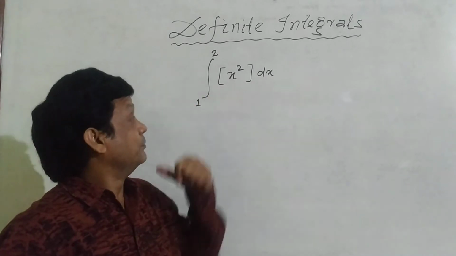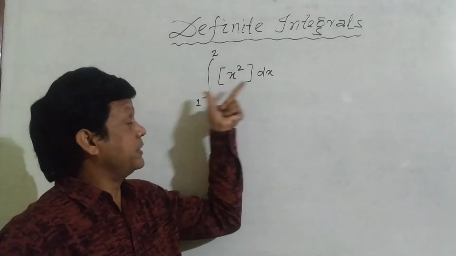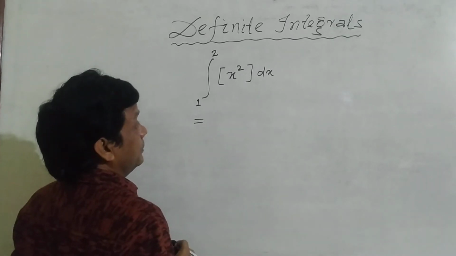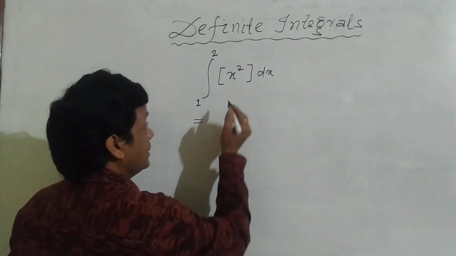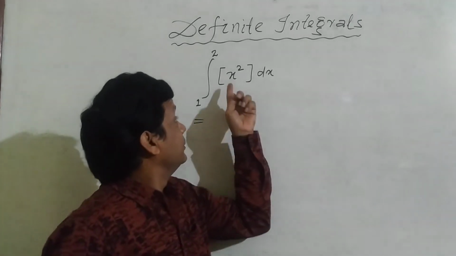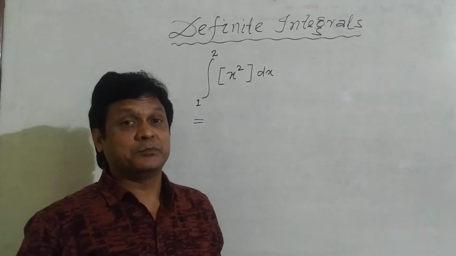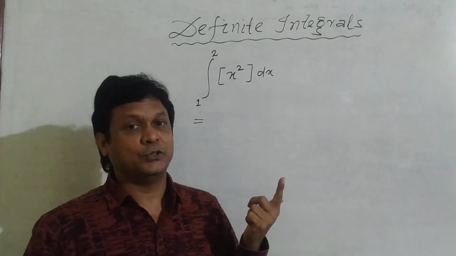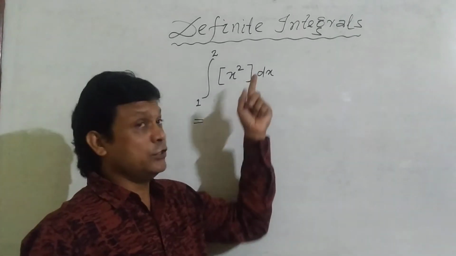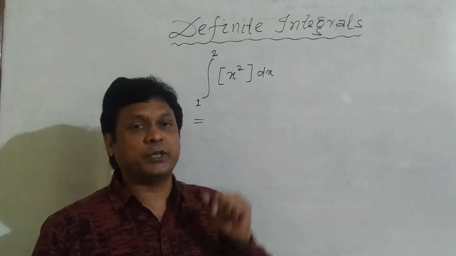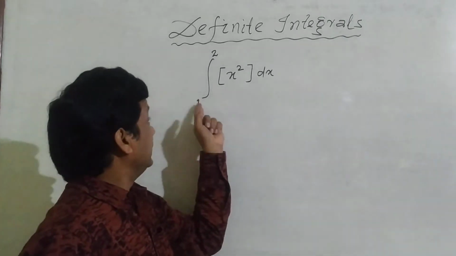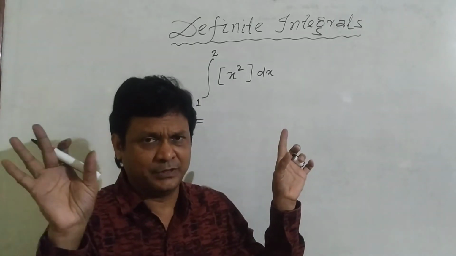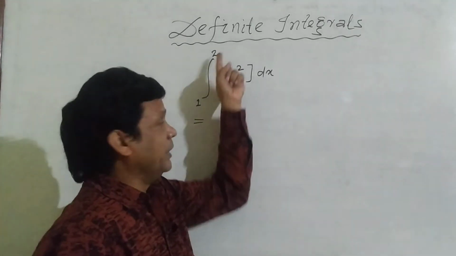Now, the trick I am telling you, listen carefully. Let us start here. Take x square is equal to t. Simply imagine x square is equal to t. So x is equal to square root of t. That means the limit will vary in the form of square roots and nothing will change. Simply change the limits.